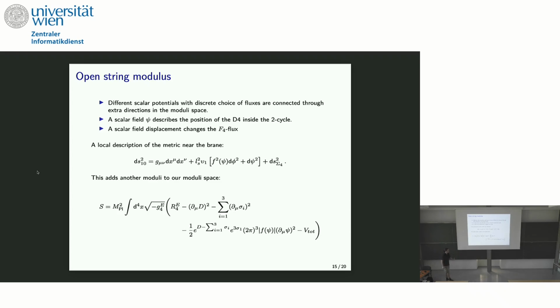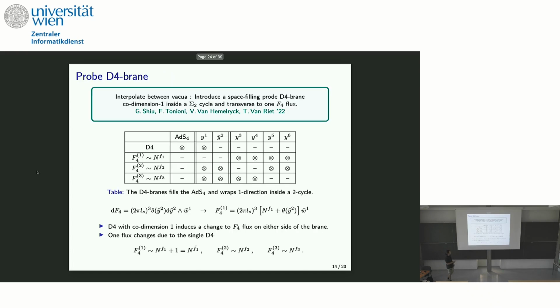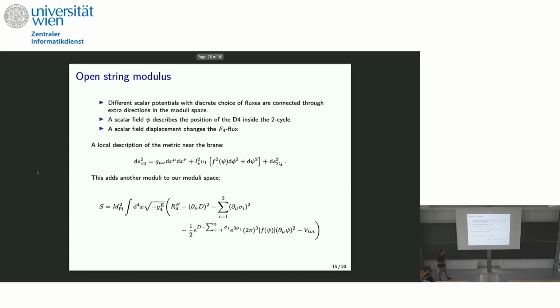So in order to do this, we will use a modulus which corresponds to the position of the D4 brane inside these 2-cycles here. You can think in the following way: this 2-cycle is like a sphere, and this modulus psi corresponds to the radial coordinate.